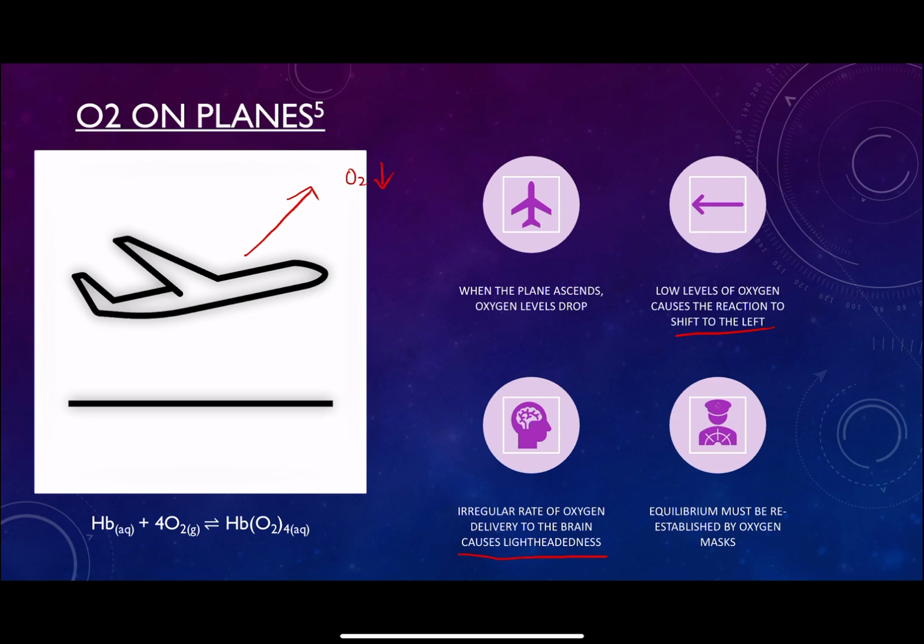If the partial pressure of oxygen in the cabin becomes very low, fun little masks drop down and you and everyone else introduces new oxygen into their system. This influx of oxygen results in the aforementioned rightward shift of equilibrium, restarting regular production of oxyhemoglobin and output of CO2, allowing adequate amounts of oxygen to be delivered to the body once again.